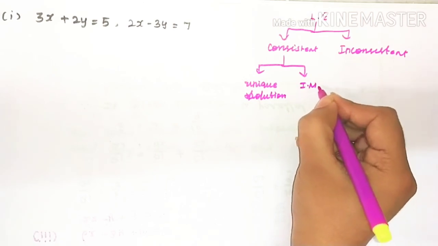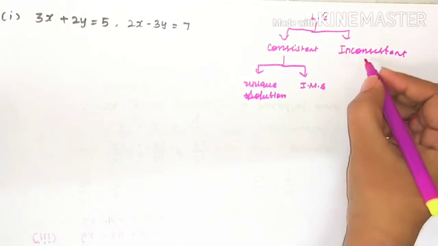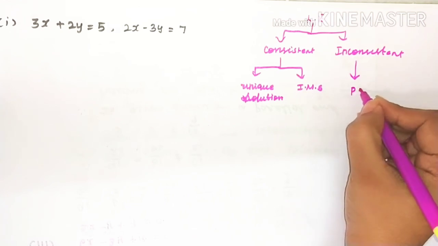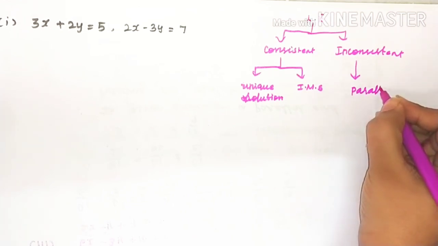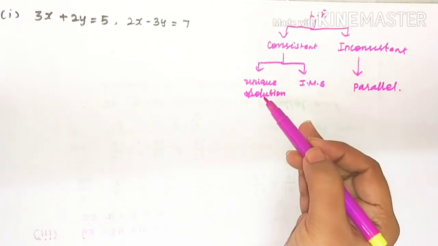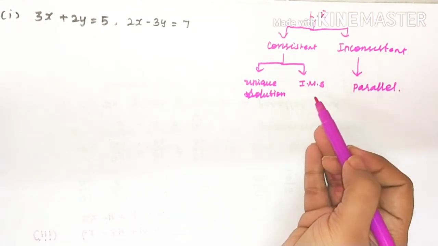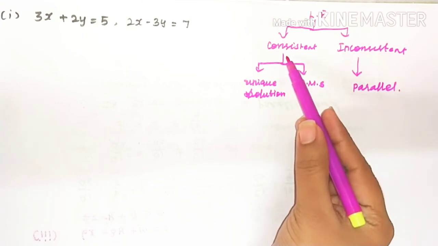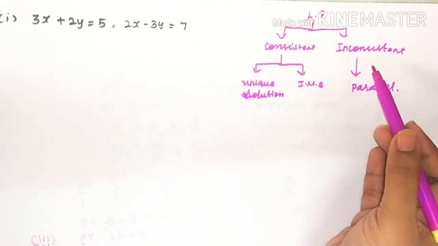Infinitely many solutions we also call consistent. Inconsistent means the lines are parallel. So unique solution is consistent, infinitely many solutions is consistent, and parallel is inconsistent.